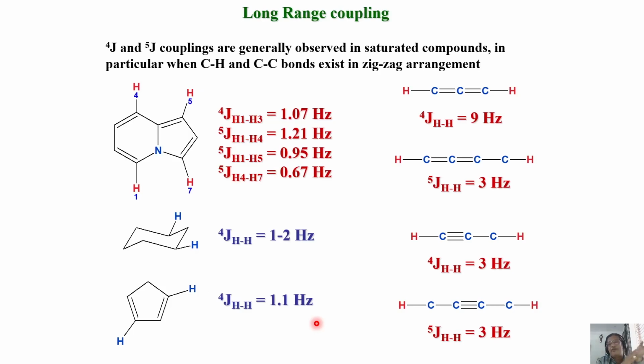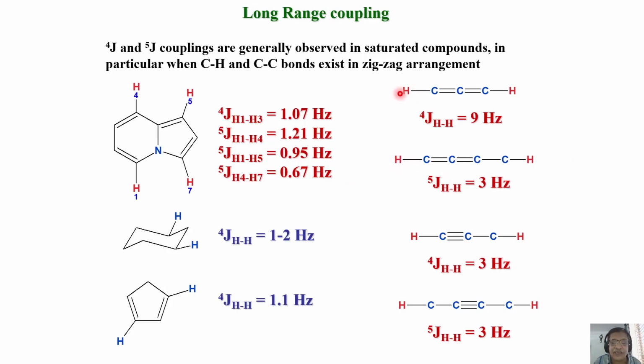Now we knew about 1-bond coupling, 2-bond coupling, 3-bond couplings, etc. But in one of the classes, when I was showing you the salient features of coupling, I also said the coupling strength decreases with increasing number of bonds. Let us say 1-bond coupling is quite large.